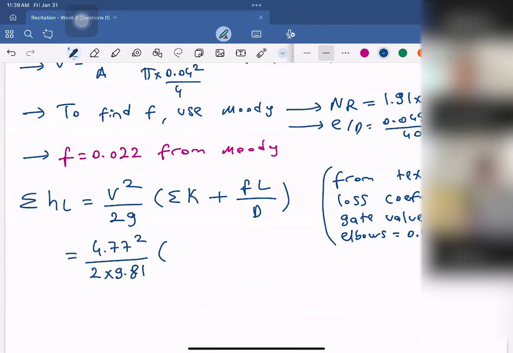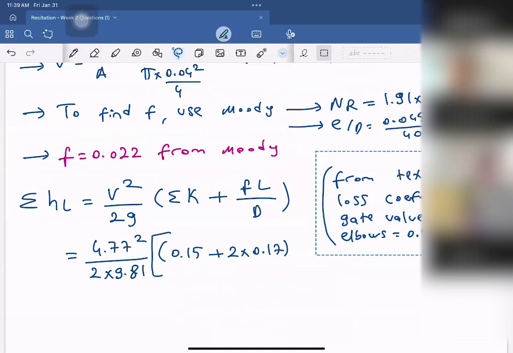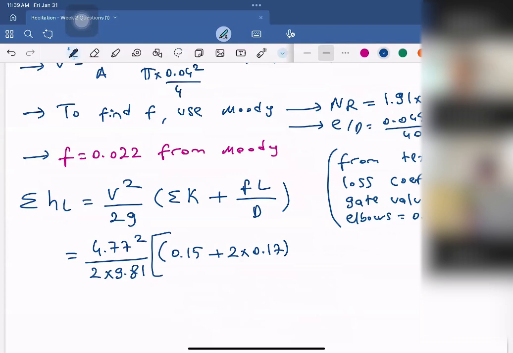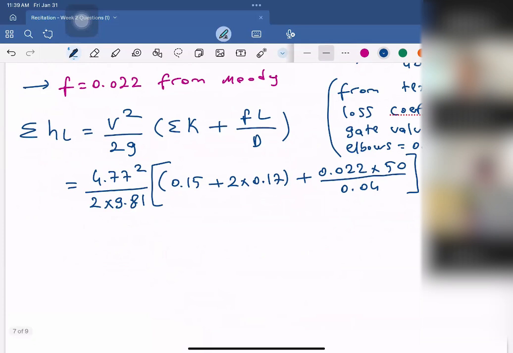So we have one valve, which is 0.15, and two elbows, plus the major loss, which will be 0.022 times 50 over 0.04. And this will give us the total head loss.